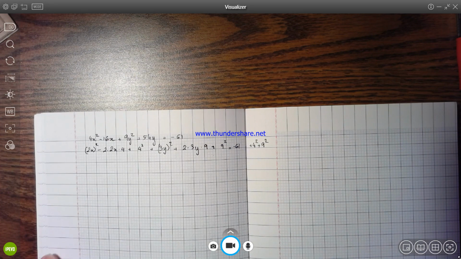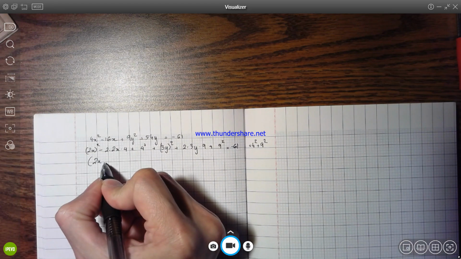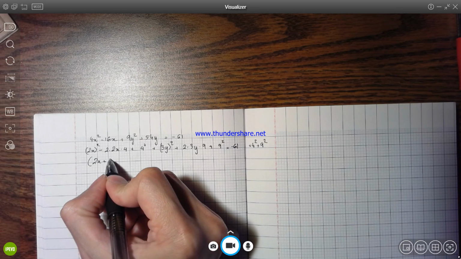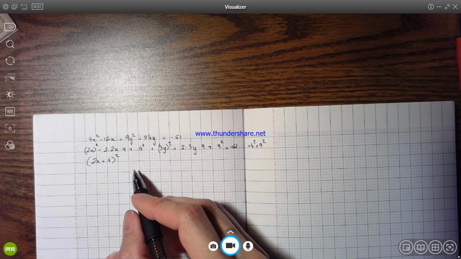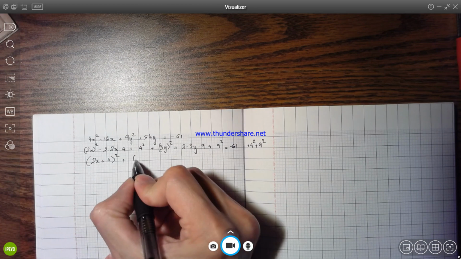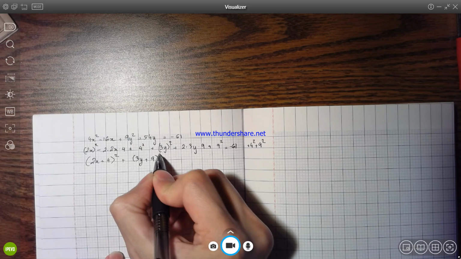So right here I can rewrite it as (2x plus 4) squared, and over here as (3y plus 9) squared.